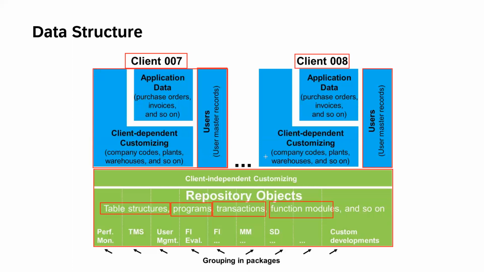So the green part is actually the global environment. Green part is the common part. Yes, this is a global environment, this is a common part. The correct term for it is client independent, which means it is not dependent on client.